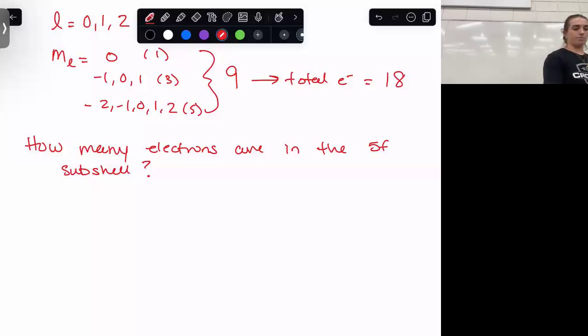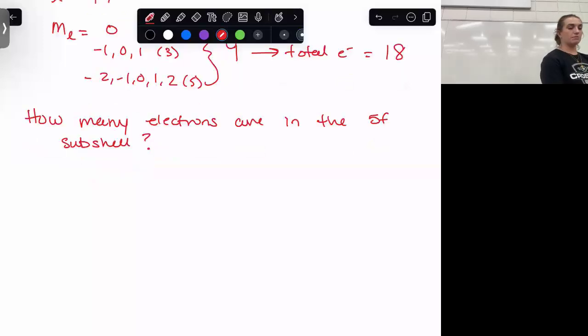I'm telling you it's 5F, so what does that mean N is equal to? N is equal to 5. What is L if I'm telling you it's 5F? L has to be 3 if this is the F orbital. 0 is always going to be S, 1 is always going to be P, 2 is always going to be D, 3 is always going to be F.